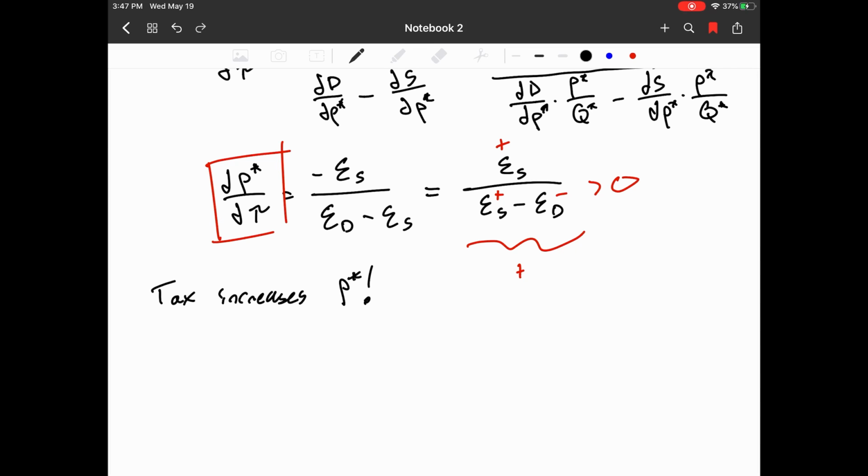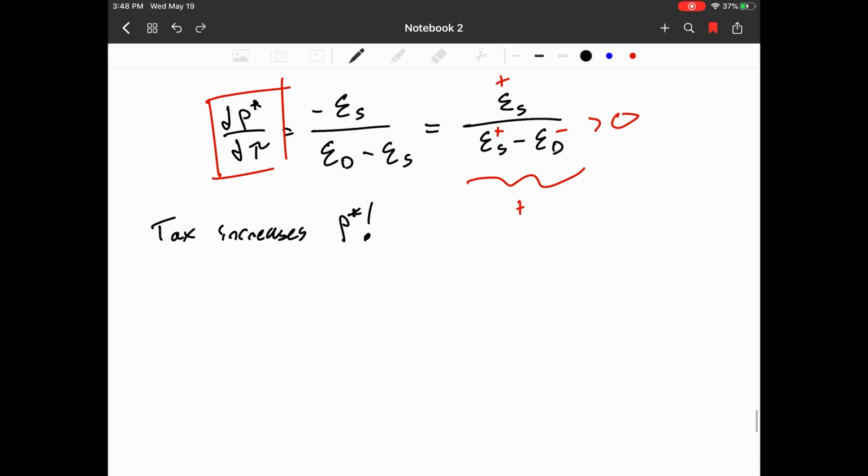So let's just walk through a little bit of math here. Before we do that, though, let me just make a little note. Let me write this a different way.